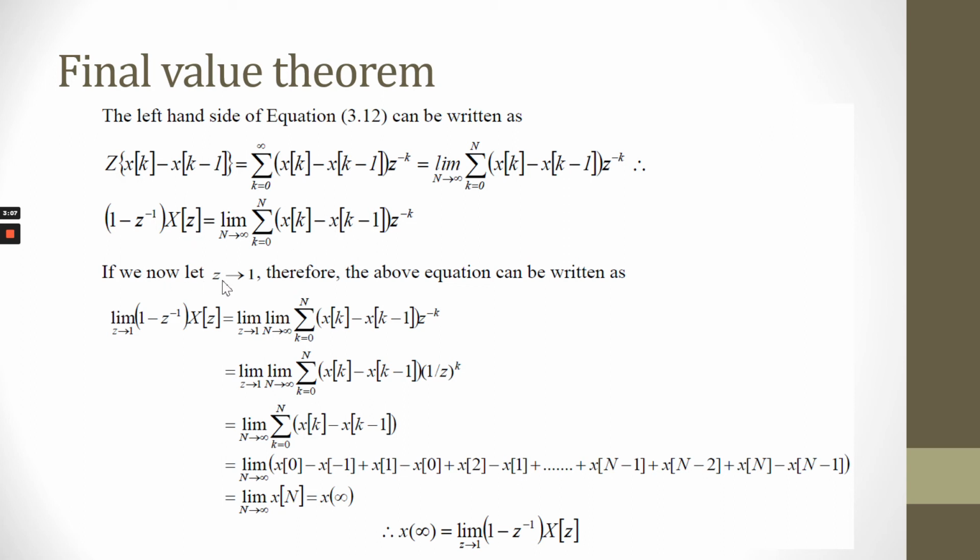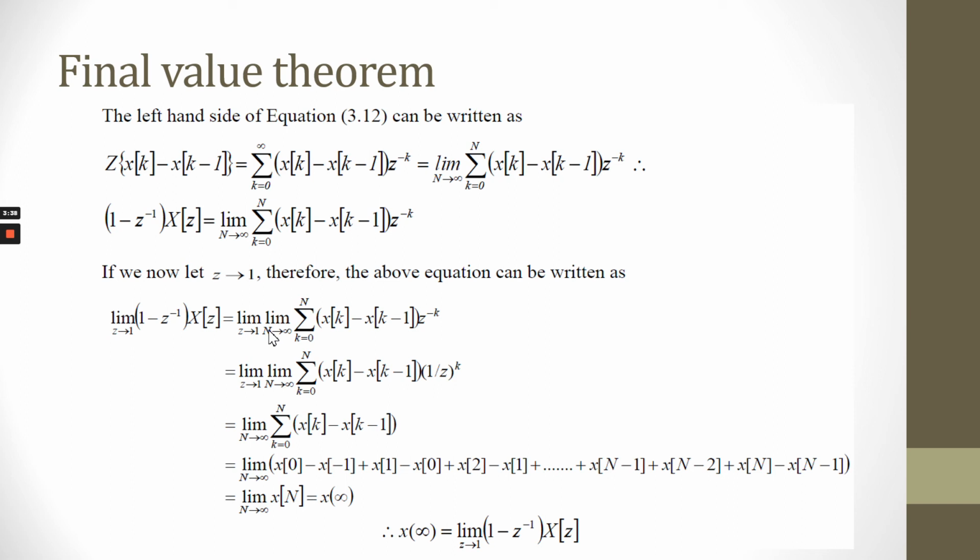Now we let z equal to 1, then we can rewrite the above equation: the limit of z approaching 1 multiplied by 1 minus z to the power of negative 1 multiplied by X(z). So we have two limits here. The first one is the original limit from this part, and the second one is from this part.